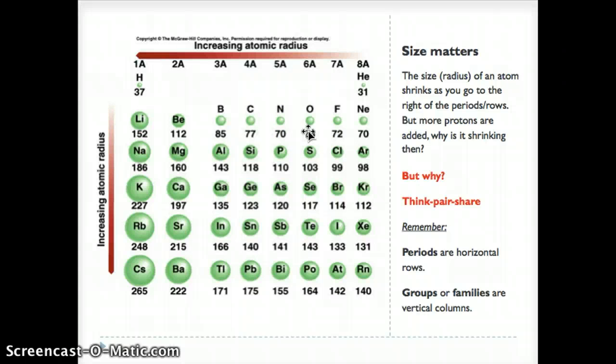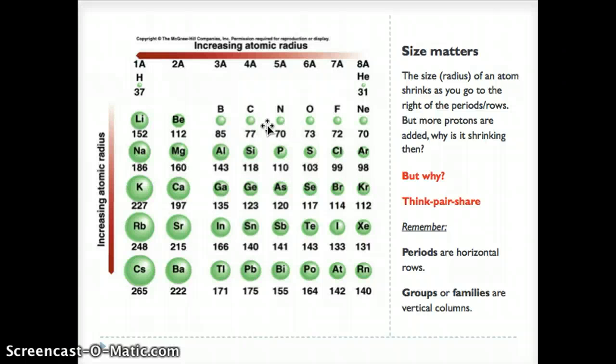The answer is this. The reason why, even though you're moving to the right and even though you're adding more protons, the atom is shrinking is because as you add more protons, there's more positive charge in the nucleus.